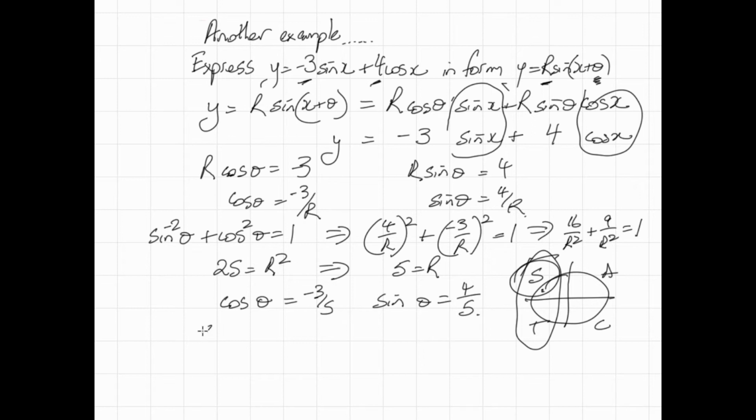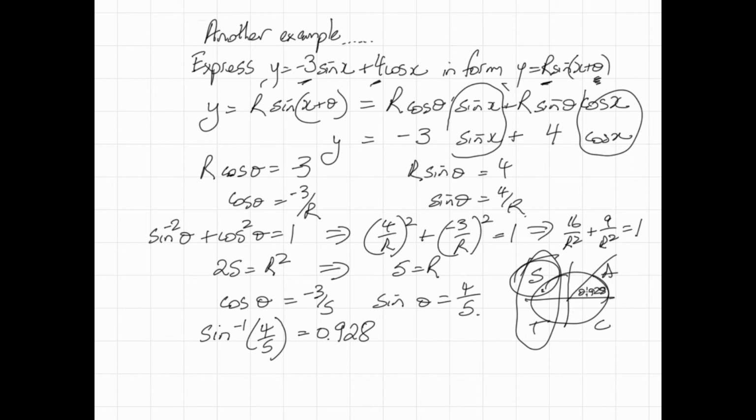If we go inverse sine of 4 on 5, so on your calculator, shift sine, open a bracket, and 4 on 5, we'll get 0.928, which is what we got in the previous question. But that occurs in the first quadrant.